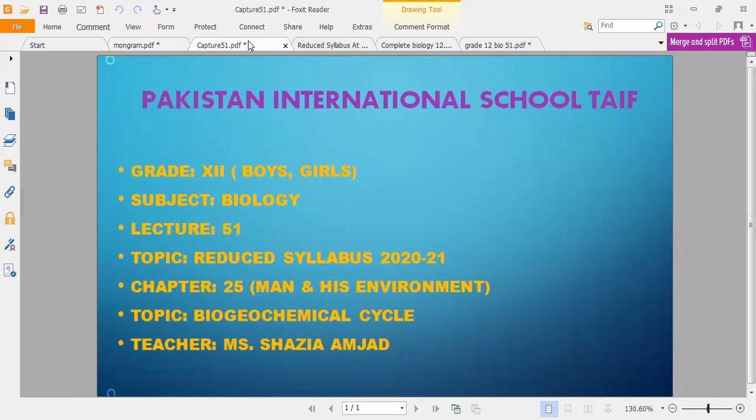Dear students, I found some students found some ambiguities and confusions regarding this reduced syllabus, because in the reduced syllabus which is given by FBISE, it is almost very clear, but some of the topics which are given in it are confusing, because they are somehow changed from the prescribed book.